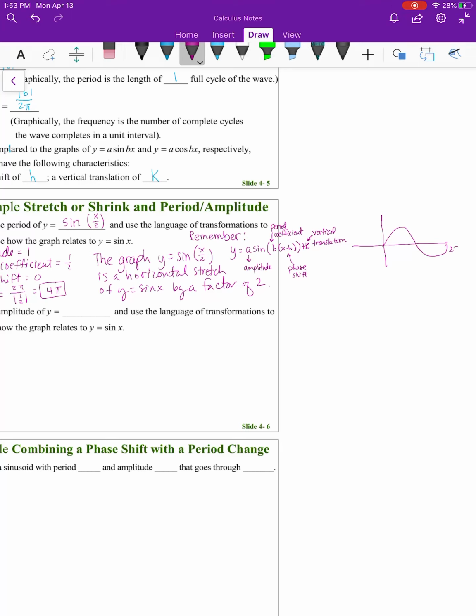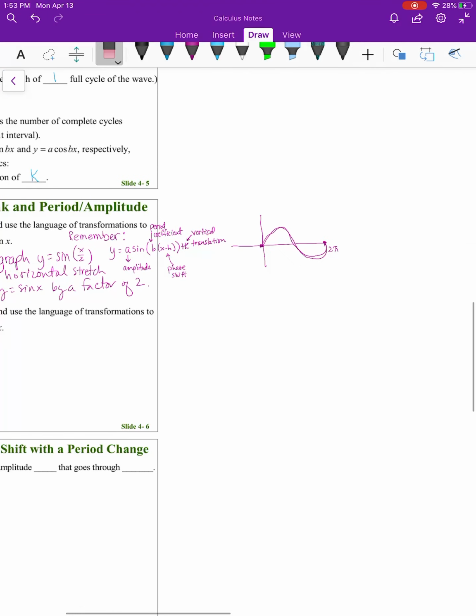And also I want you to remember that the regular sine function, just sine of x, completes a cycle in 2 pi radians. So it starts at 0, it goes to its highest point, goes to 0, goes to its lowest point, and back to 0 in 2 pi radians. So what they're saying that this 1/2 is doing is, actually I'm going to erase this just so I can show you it using the same, like let's say that's 4 pi and this is our 2 pi.